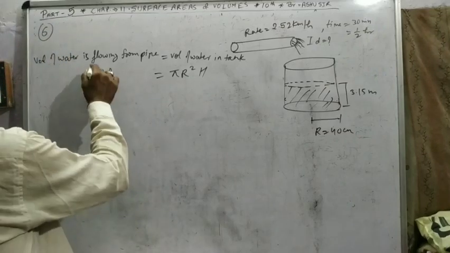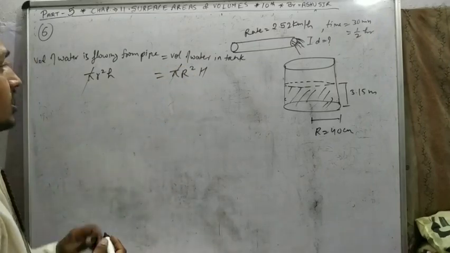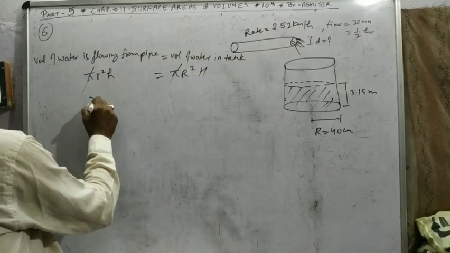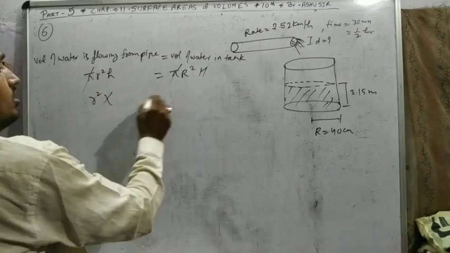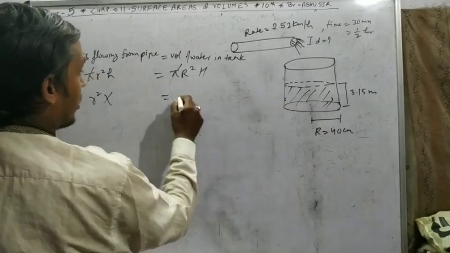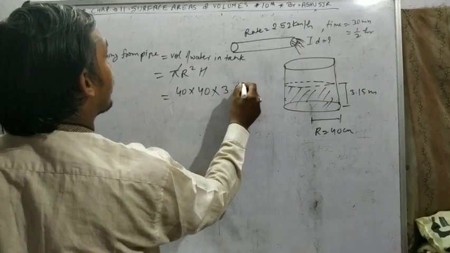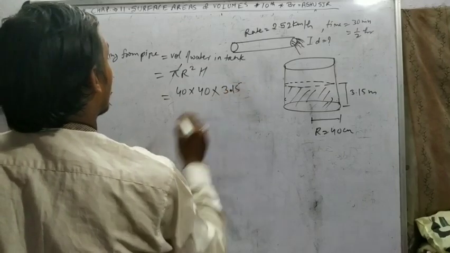But it's very easy to form the formula. Pi cancels. Radius, I don't know, we want to find that. H, I also don't know. Radius of the tank is 40, and height 3.15 meter.